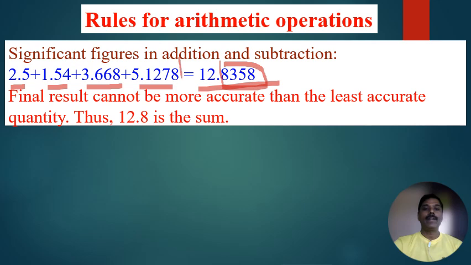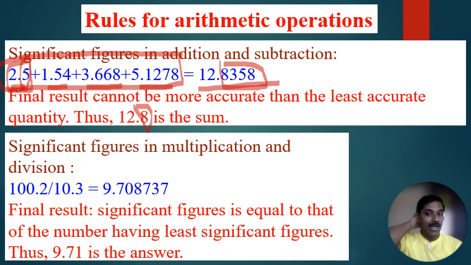You have to identify the least significant number in this calculation. 2.5 is having the least significant digits. Therefore, the final answer must have only 1 digit after the decimal point. So, this is how to express the answer in the case of subtraction and addition.